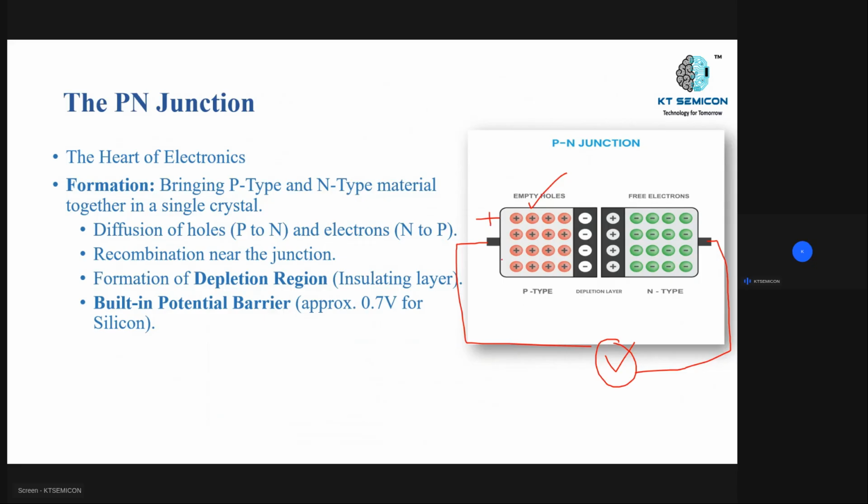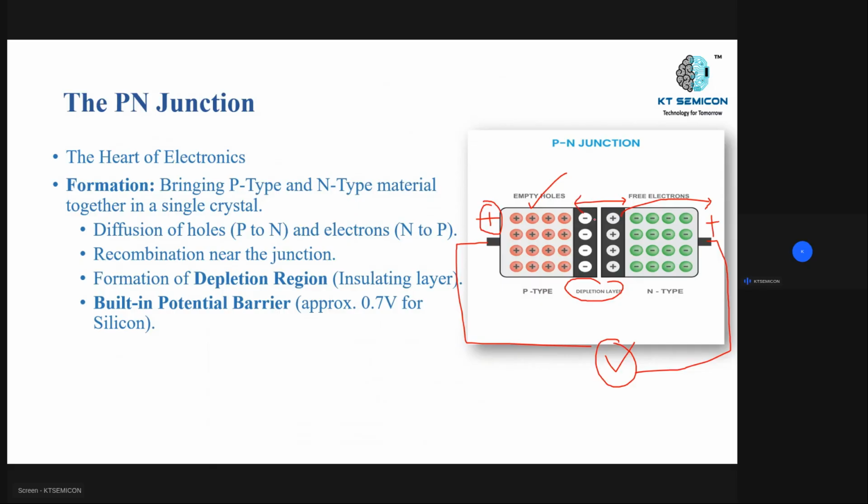So when we apply the positive voltage, it repels the holes, right? And all these electrons try to move here. So depending on the applied voltage, the depletion layer width increases or decreases, right?